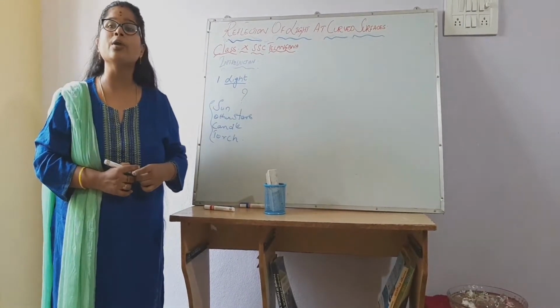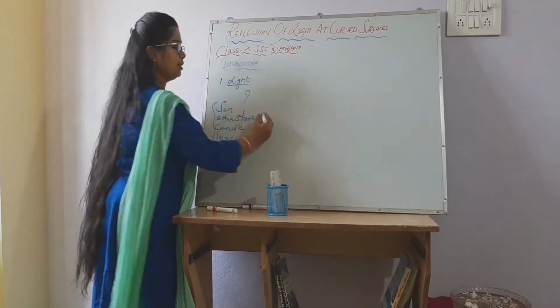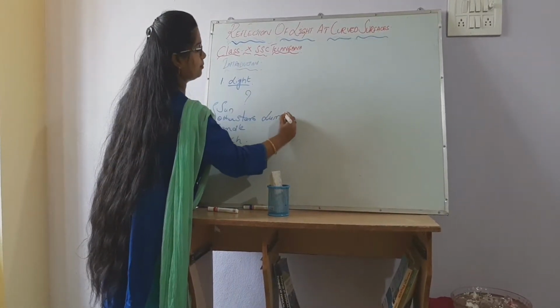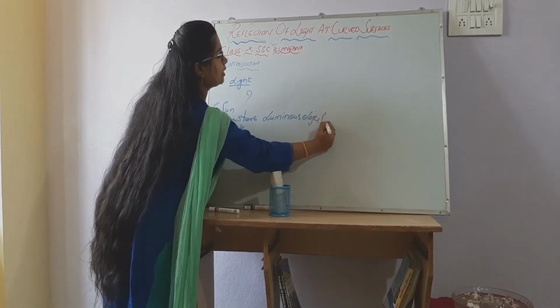They have their own light. These objects are called luminous objects, which emit light on their own.